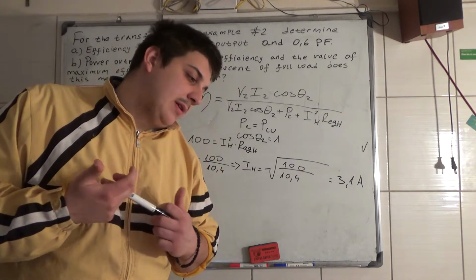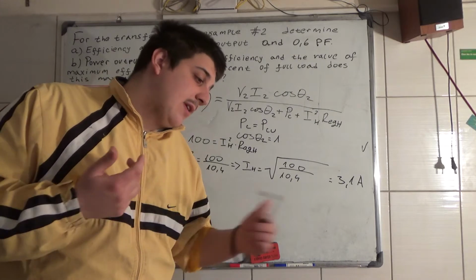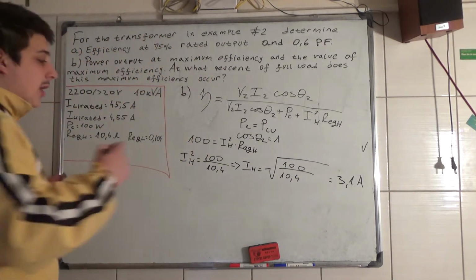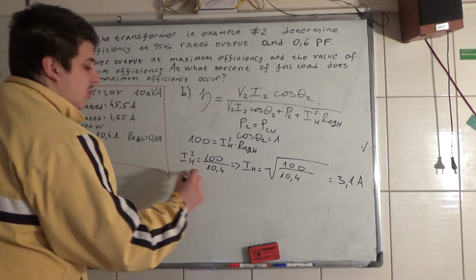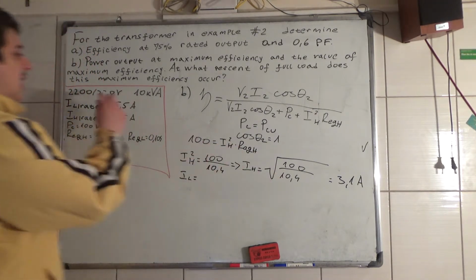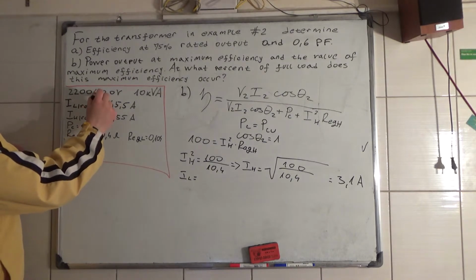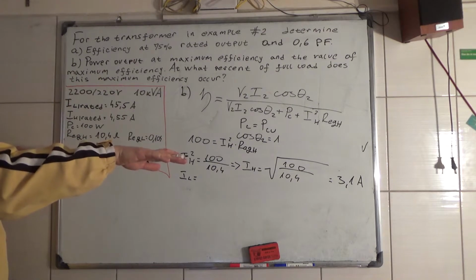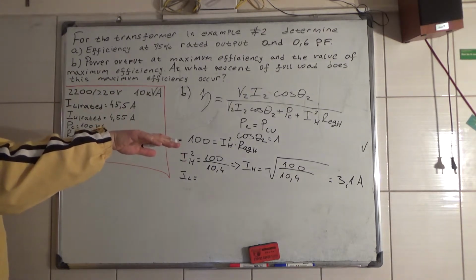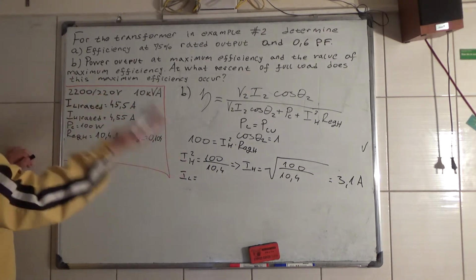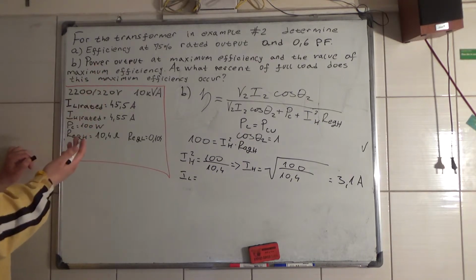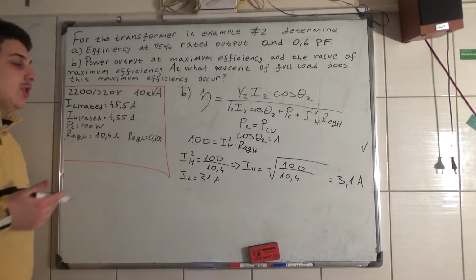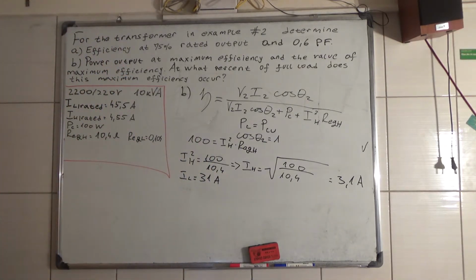For example, if IH is 3.1 amperes, then IL is going to be 10 times more because of the turns ratio. If you have 10 times smaller voltage on the low side, you will have 10 times higher current. So that is 31 amperes. That's the turns ratio.